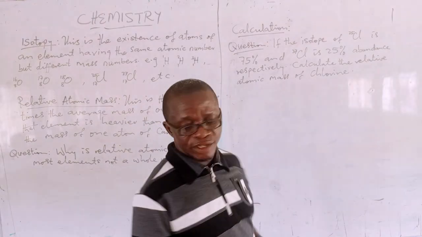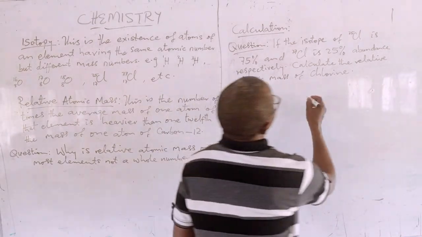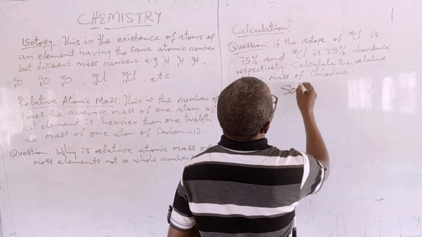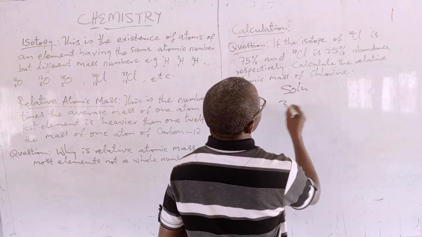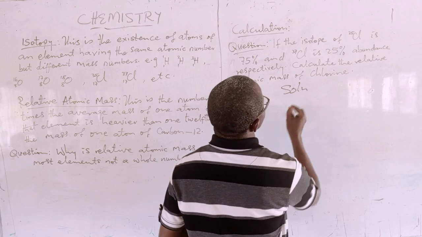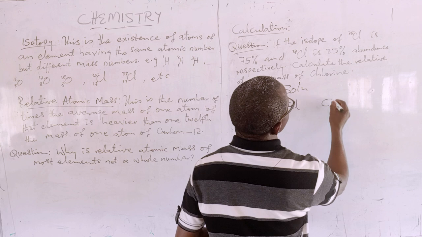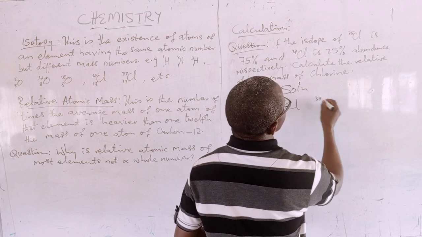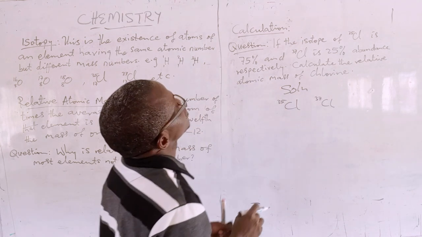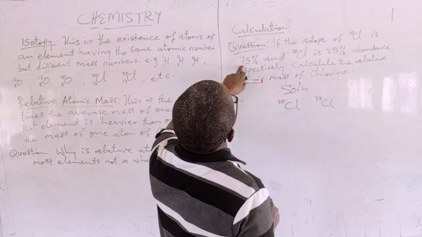Okay, now let's see how to calculate. Solution: the two isotopes are chlorine 35, Cl35, and Cl37. If you look at the question, that of 35 is 75.